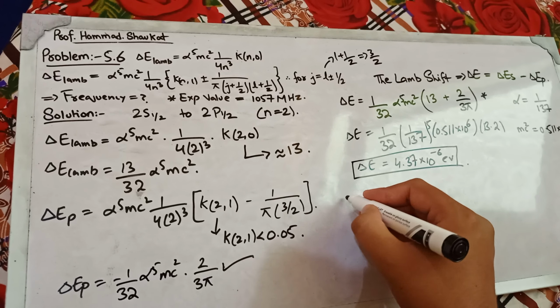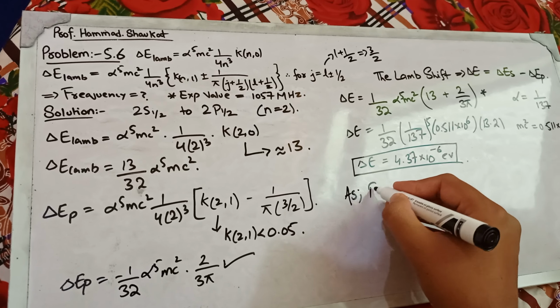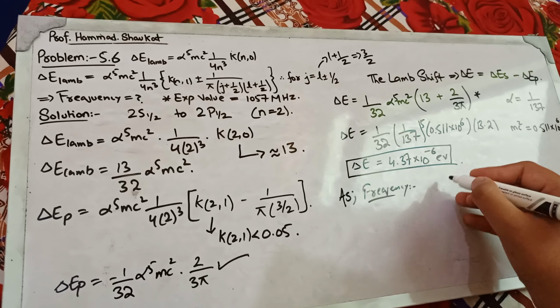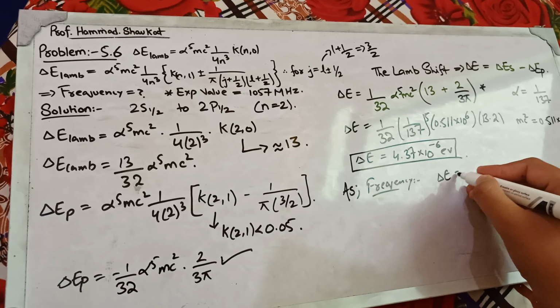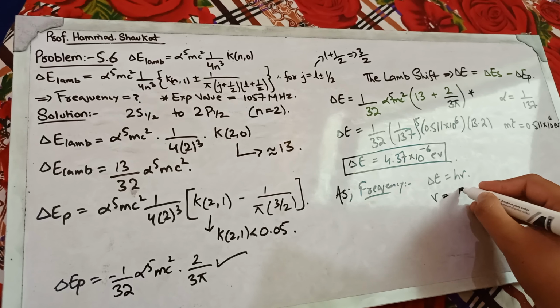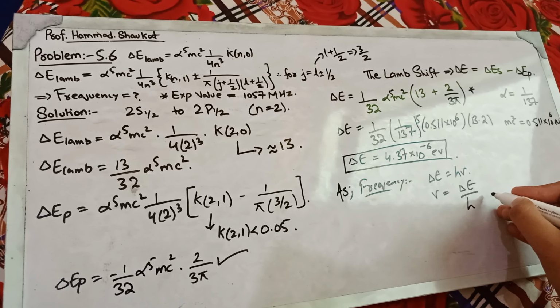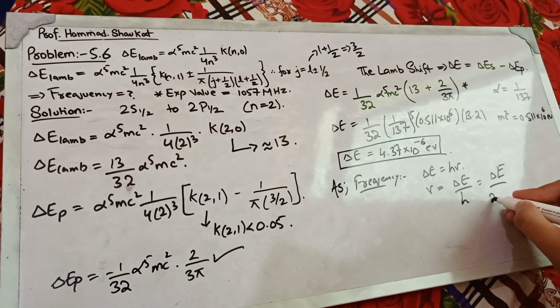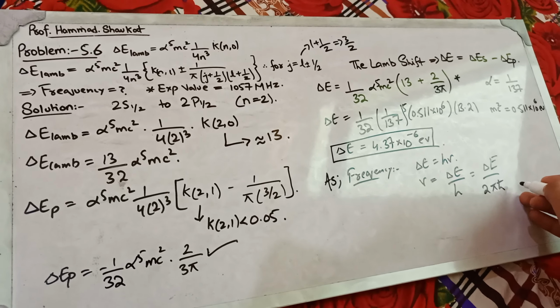Now because you need the frequency, you know the formula of frequency in terms of energy: delta E equals h mu, where mu is the frequency. To find mu, mu equals delta E divided by h, and you know that h equals 2 pi h-bar.